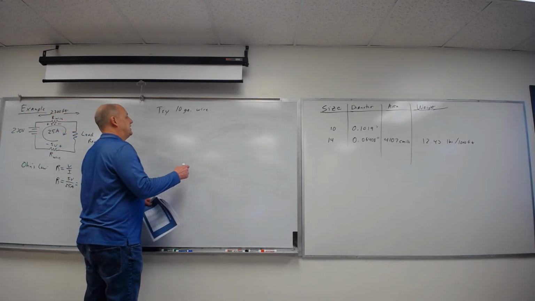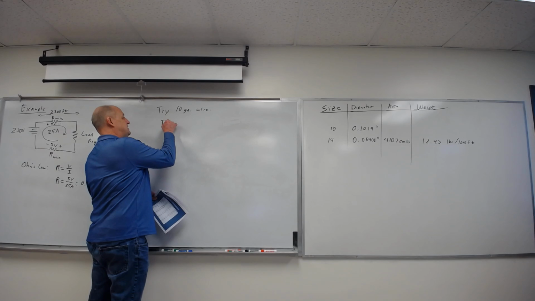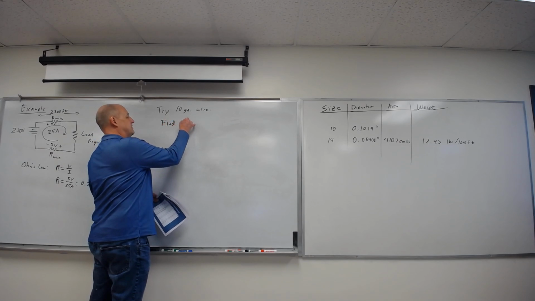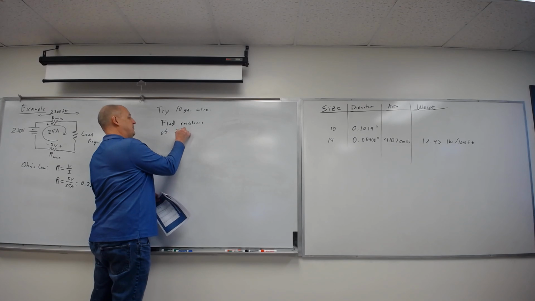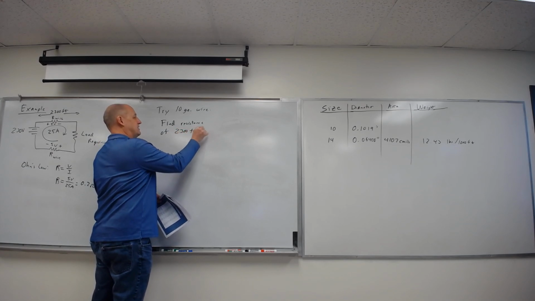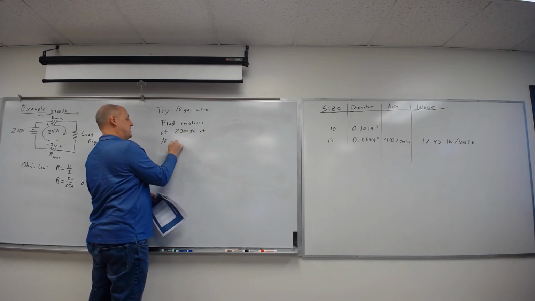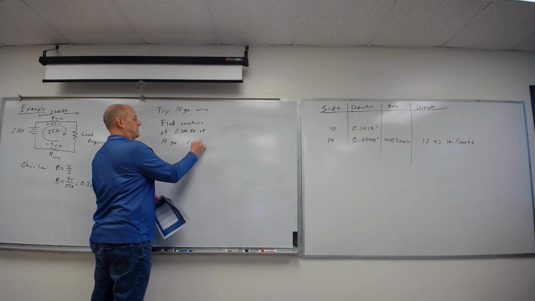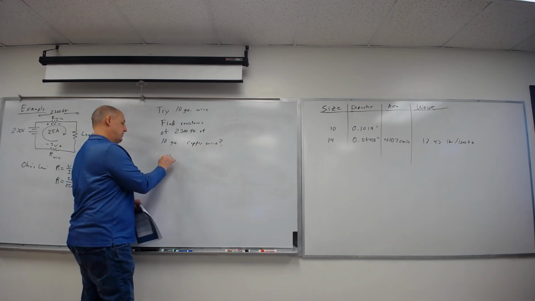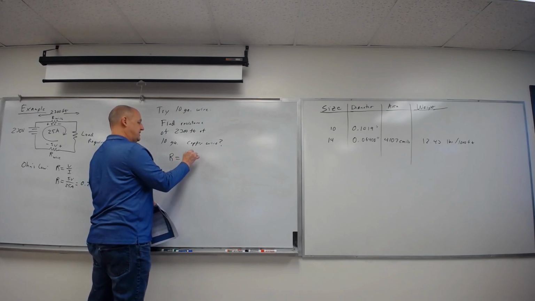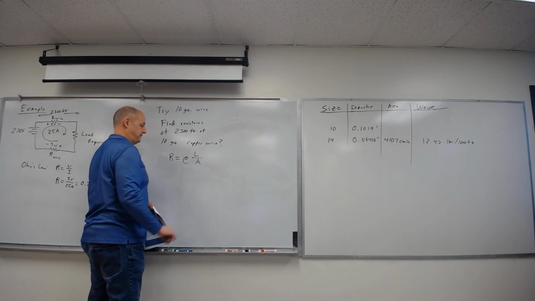So what's the resistance of 2,300 feet of 10 gauge copper wire? We know the resistance is the resistivity times the length over the area.